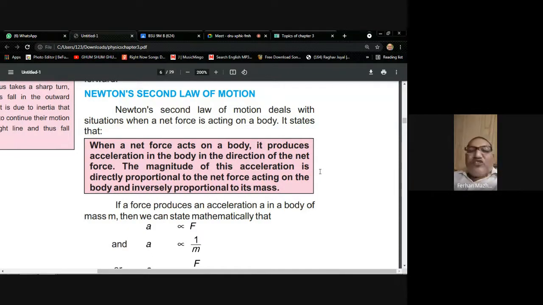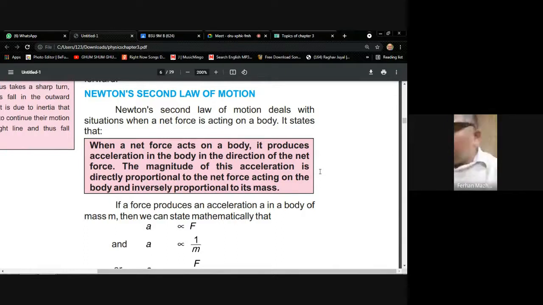If the net force is smaller, the acceleration produced will also be smaller. So the acceleration produced in a body is directly proportional to the net force acting on the body.